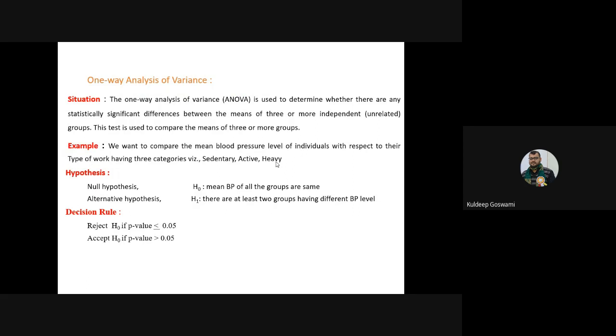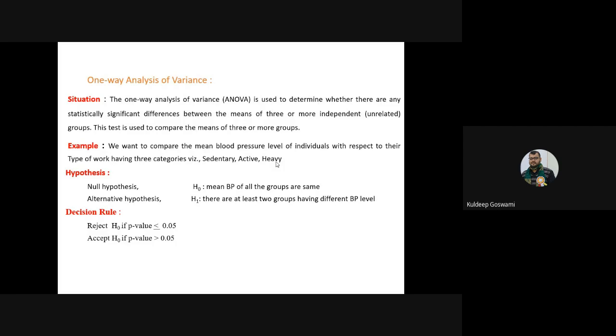Again, one-way ANOVA. When we do one-way ANOVA, we generally use the t-test for only two samples. If we have one sample, we can use a t-test. If we have two samples, then also we can use a t-test. If we have paired samples, meaning two samples but in pairs, then also we can use the paired t-test.